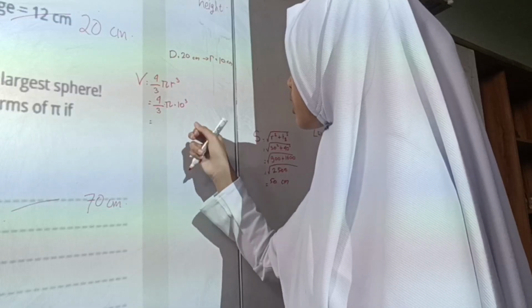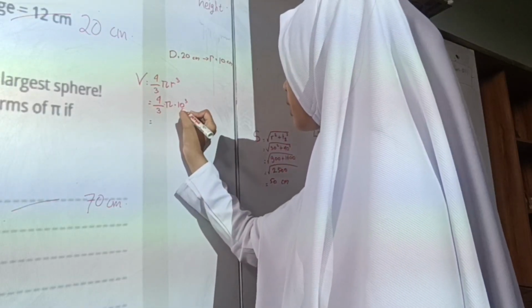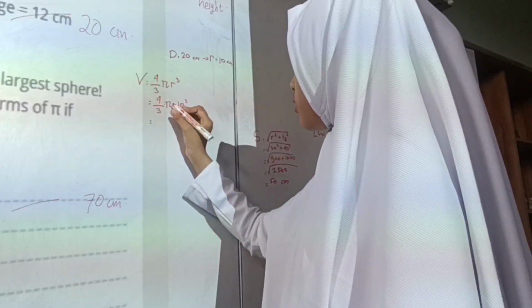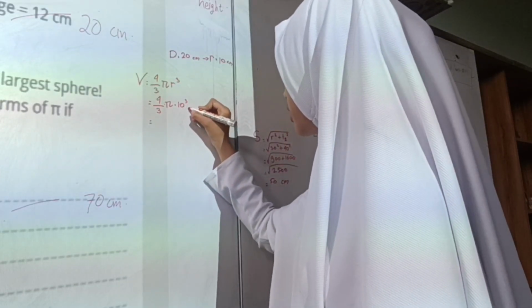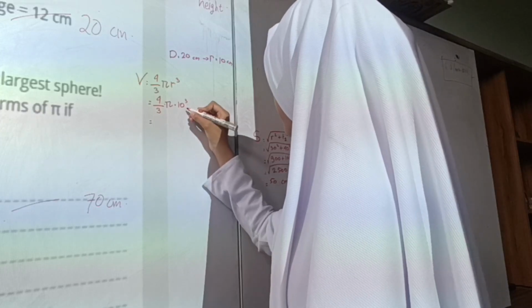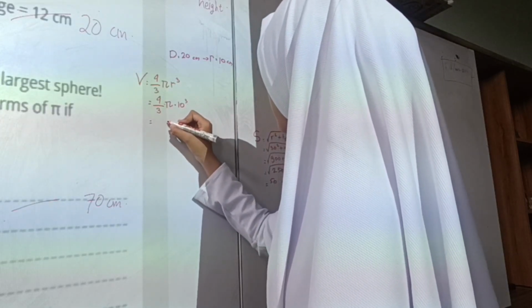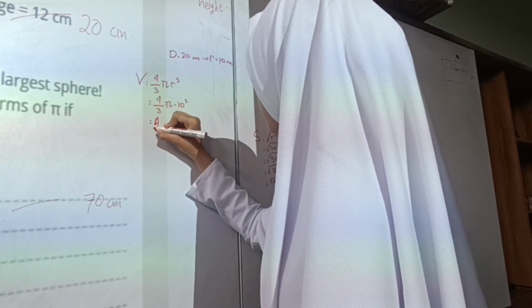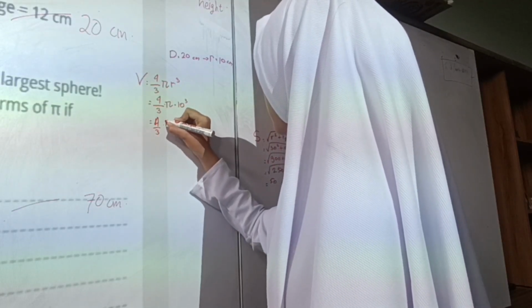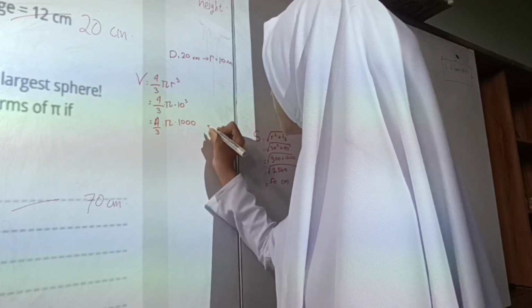So we will times 10 cube first, which is 4 per 3 times with pi times with 1000.